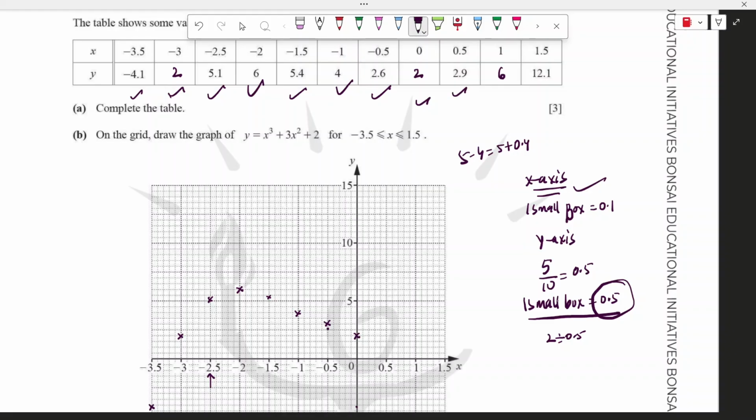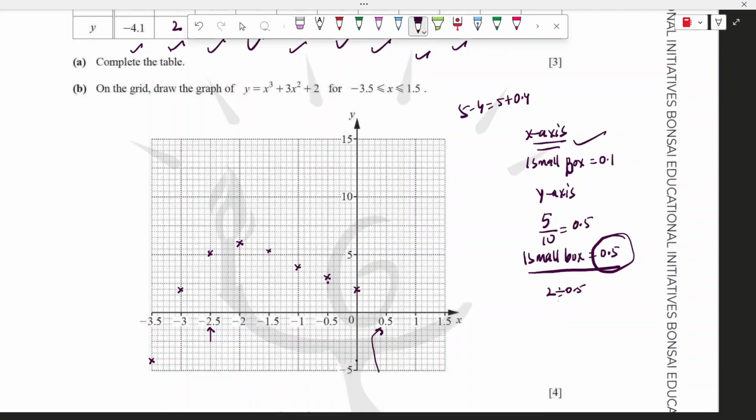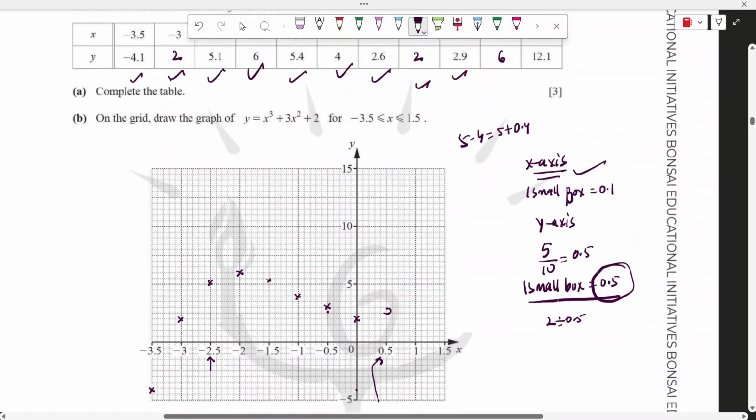And next 0.5, 2.9. This is 0.5 here, clearly visible. For 2.9, let us assume this point is half of 5, that is 2.5, and this is 3, and we have to plot 2.9.